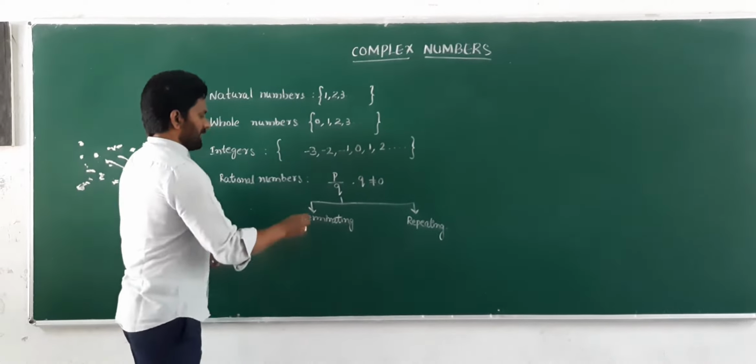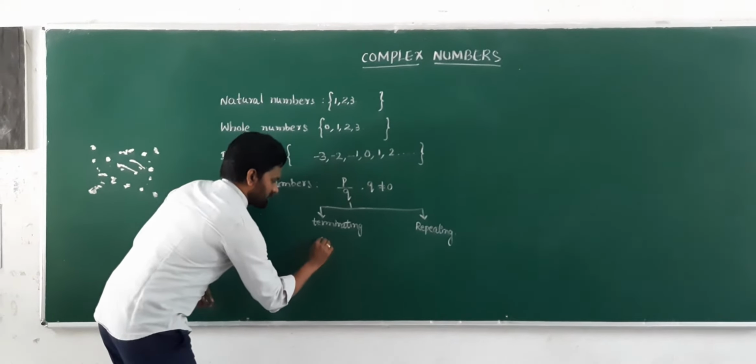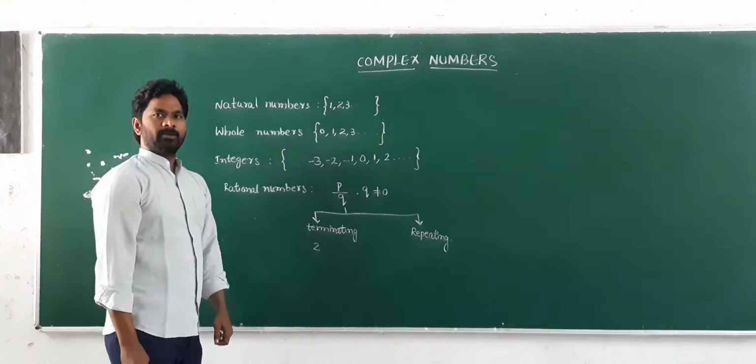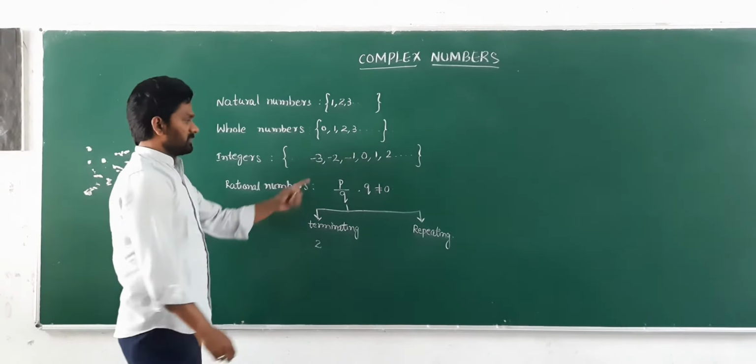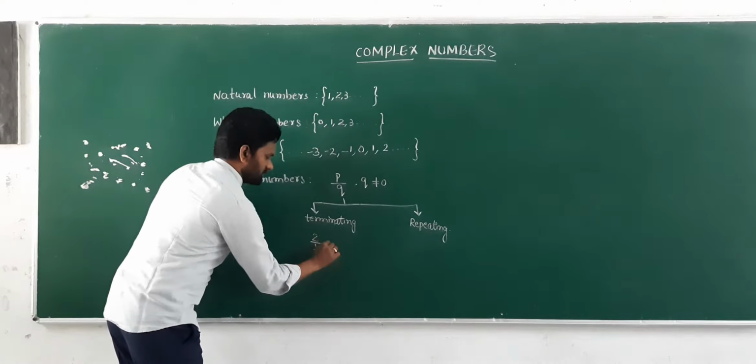The terminating ones, for example 2, is a rational number in the form of 2 by 1, that means p by q. It is terminated, that means it is 2 only.